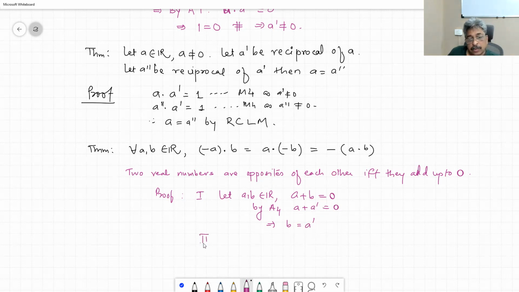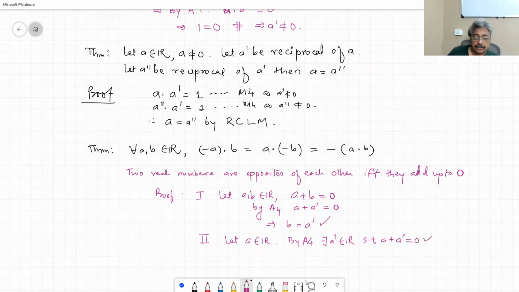Part 2: if they add up to 0, I have answered. Two real numbers are... let A belong to R. By 4, there exists A dash belonging to R such that A plus A dash is equal to 0.